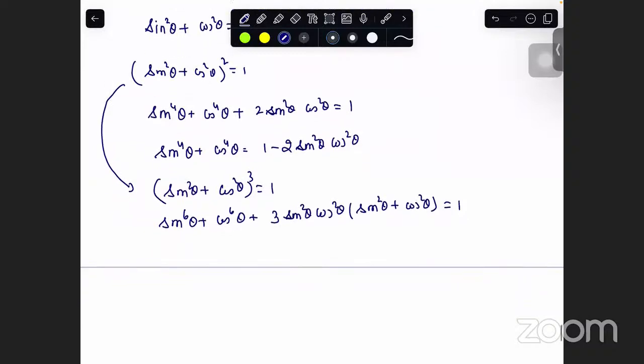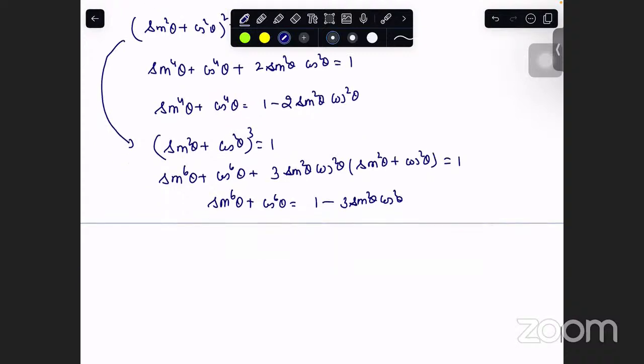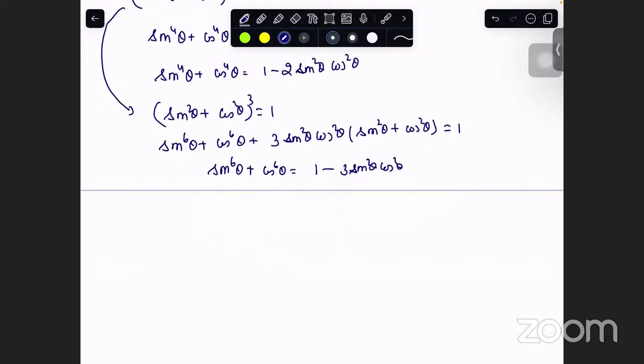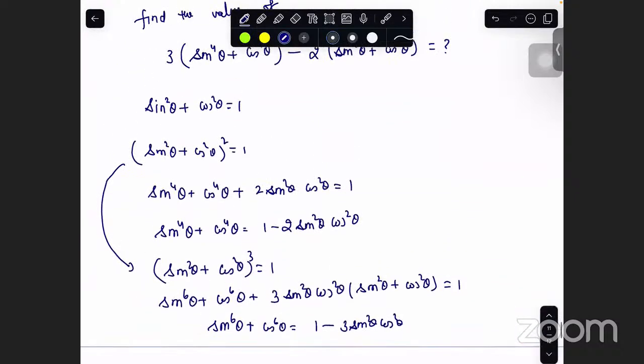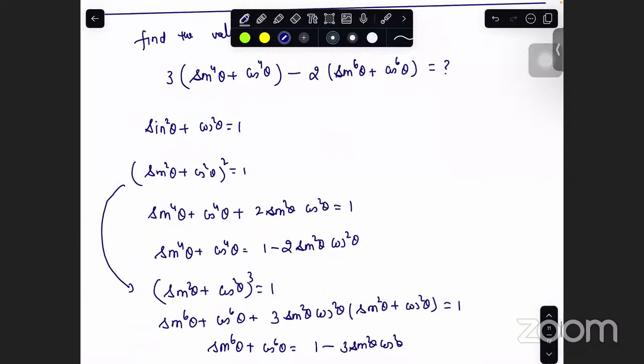Got it? So from there, sine to the power 6 theta plus cos to the power 6 theta is 1 minus 3 sine square theta cos square theta.